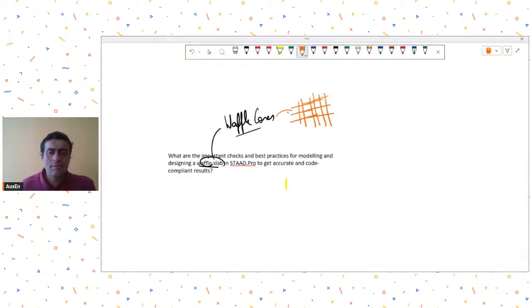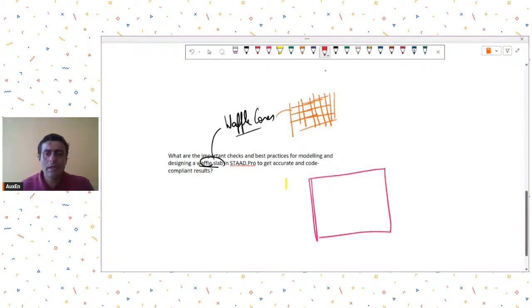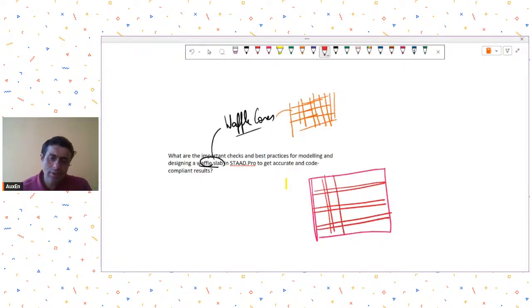There is a grid-like pattern on the cone surface. Similarly in the slab also, if you are going with a waffle slab, it will have a grid-like system. There will be a lot of beams in both directions. So a waffle slab is nothing but a grid slab. You call it grid slab, you call it waffle slab, whatever you want to call it.